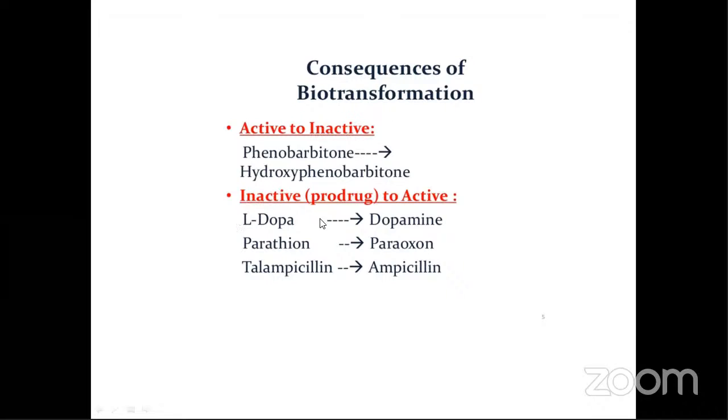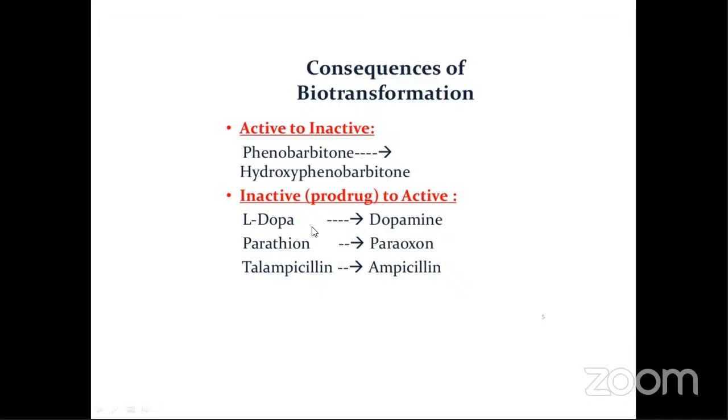Then inactive to active: I told you, inactive means that is always a prodrug, which will be converted to the active form, meaning the original drug. Examples you may get: L-dopa to dopamine. L-dopa is the prodrug, which is the inactive form. Remember this for your GPAT exam: the inactive form of dopamine is L-dopa, which is a prodrug.